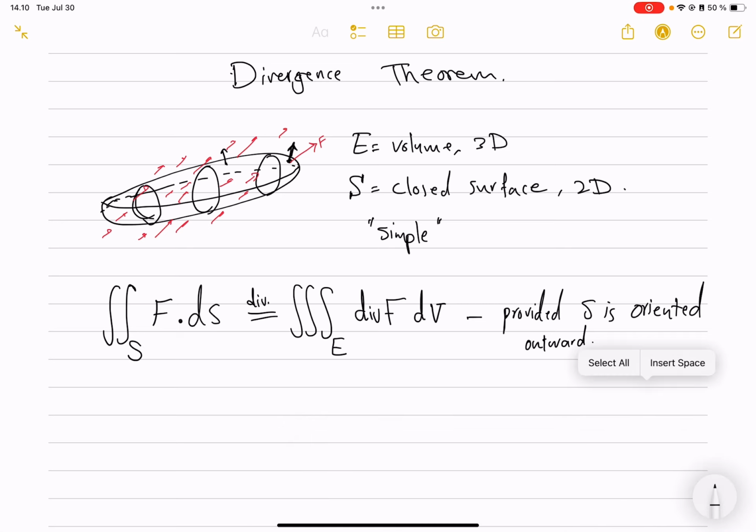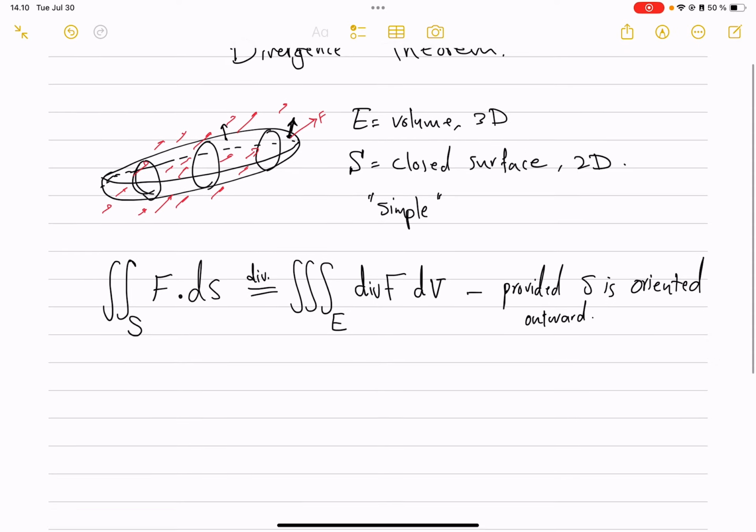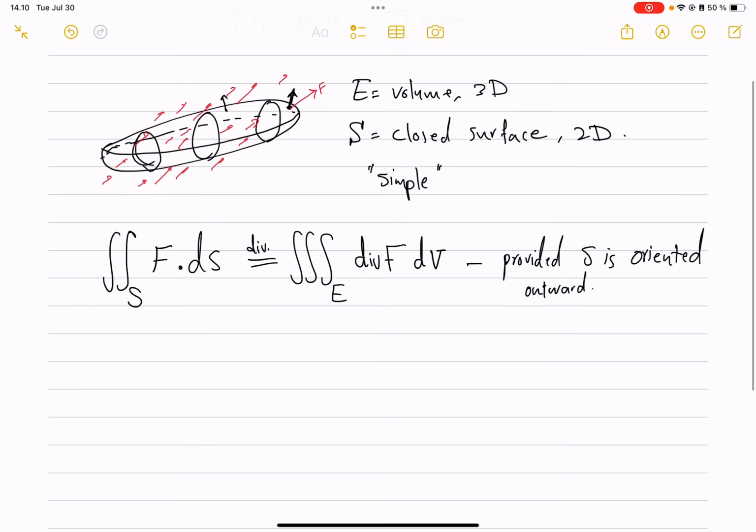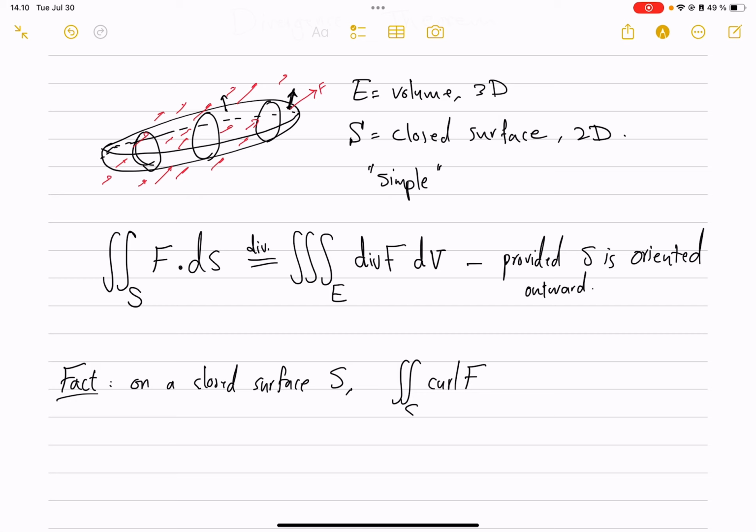Let me show you a second proof of a previous claim that I had made. I had claimed that on a closed surface, if you integrate a curl, then you get 0.